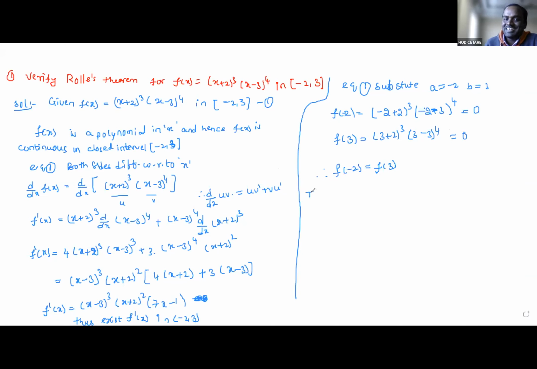There are three conditions of Rolle's theorem satisfied.